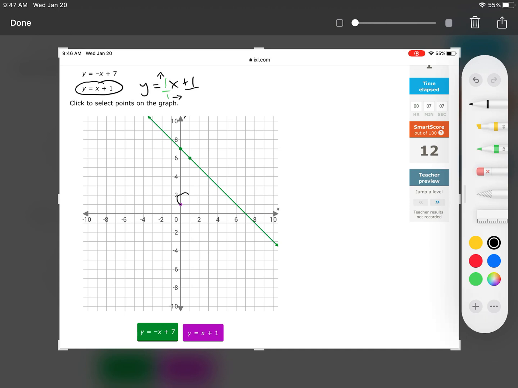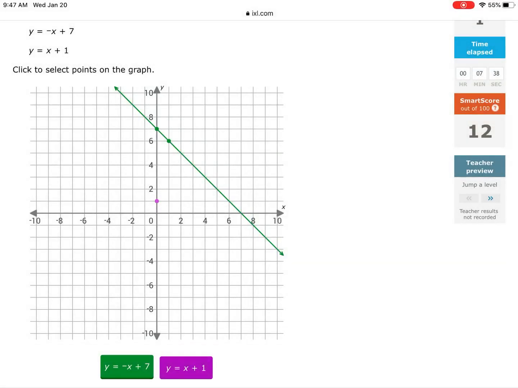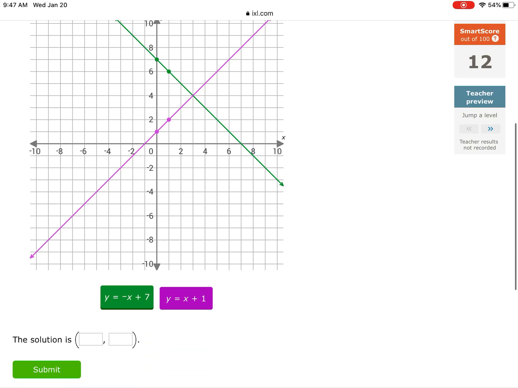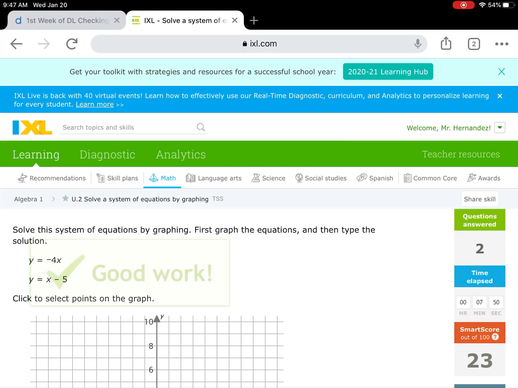So if I would graph it, it'll go up 1 and right 1, and that would be the line that would be created for the second equation. Okay, and then the solution is where they cross, and they cross right there at 3, 4. That's where they cross.